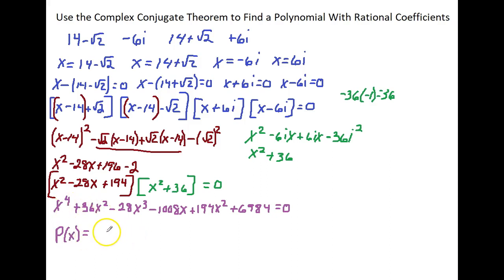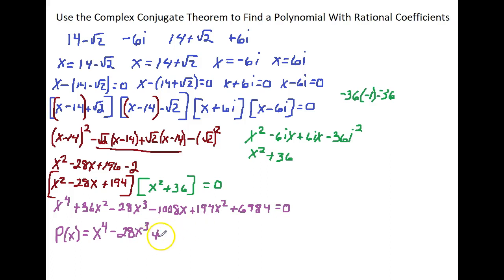All right, we only have one term that has x to the fourth, so x to the fourth is part of the answer. Now, we only have one term that's cubed, so minus 28x cubed is part of the answer. We now have to take our 36x squared plus 194x squared, and we have 230x squared.